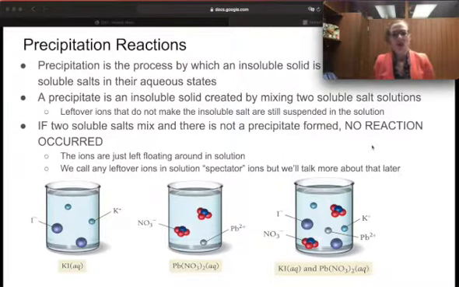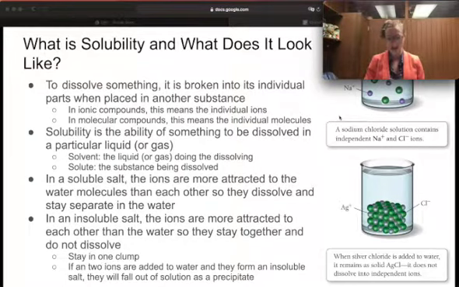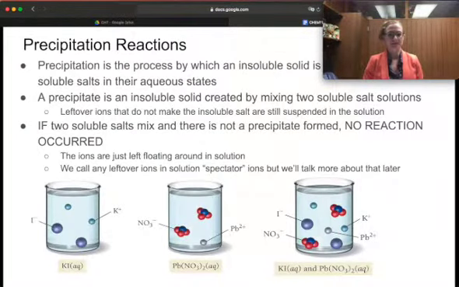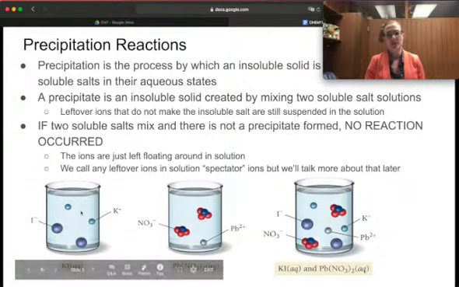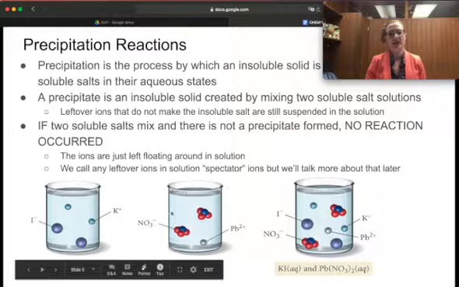There may be leftover ions that do not make the insoluble salt. They're still going to be suspended in the solution, just floating around, being ions. That's what we have pictured down here at the bottom. We have potassium iodide with lead(II) nitrate, and we're going to mix them together.